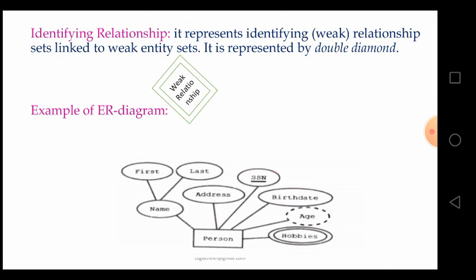Identifying relationship. An identifying relationship represents identifying or weak relationship sets linked to weak entity sets. It is represented by a double diamond.